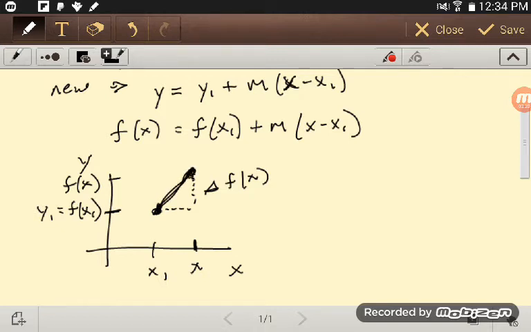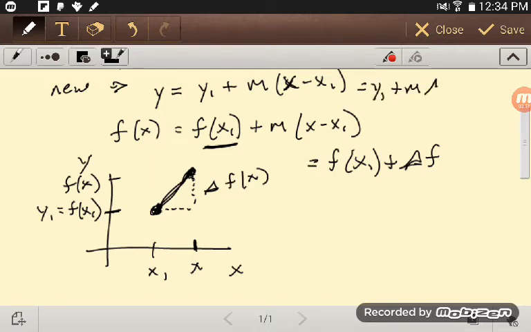And think of that formula that way: I'm starting at this one spot, and then I'm using that change formula. So you see this is f at x1 plus my change in f. Or up here it's my y1 plus, not m times, just the change in y.